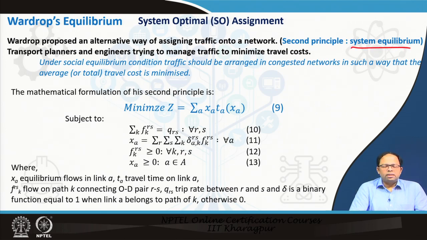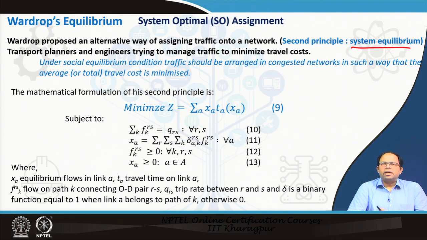Transport planners and engineers who are trying to manage traffic or minimize travel cost over an entire city could focus on this principle, and by managing travel times, signals or flows in different corridors, people may try to achieve that the overall total travel time spent in the network is the least.